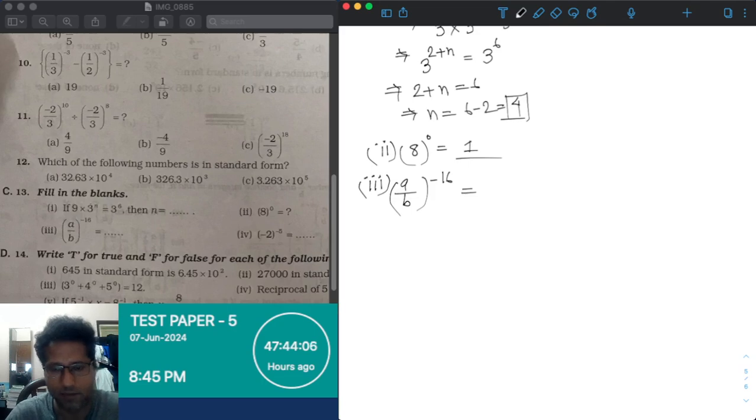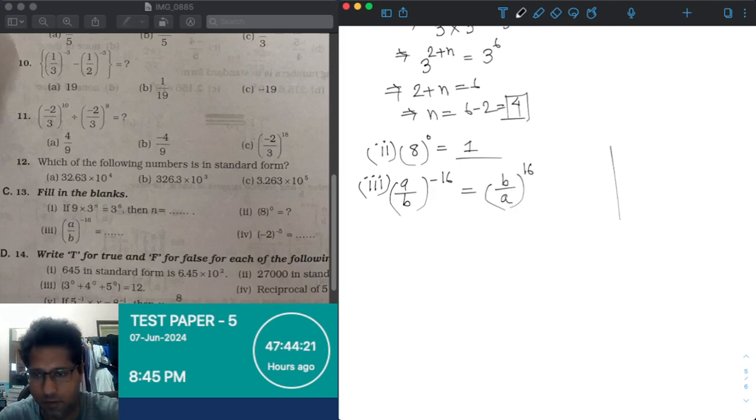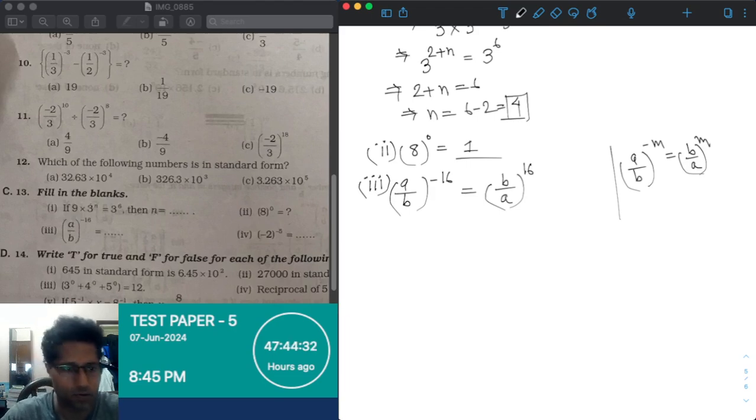At best, we can make the power positive. We can see that the exponent is minus 16. So we can say that this is nothing but b by a raised to the power 16, because from the laws of exponents, we know that a by b raised to the power minus m equals b by a raised to the power m. We know this.